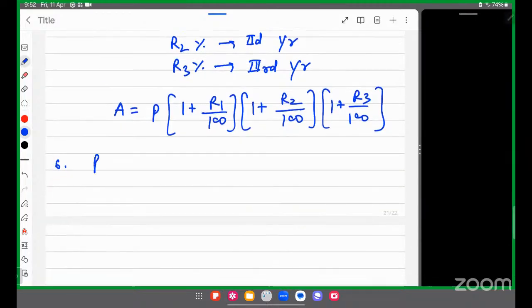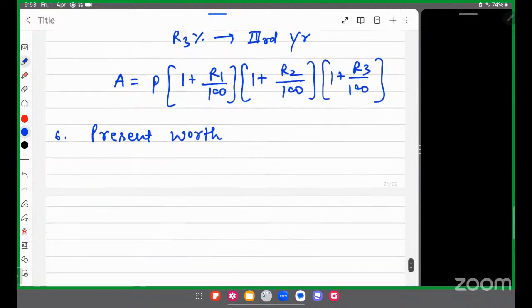Sixth point is last. This has already been discussed. This is the concept about present value of a material which has been bought for rupees X before certain years. So present worth is given by original cost of the material divided by 1 plus R by 100 raised to power n.